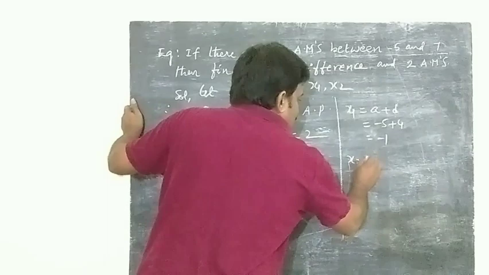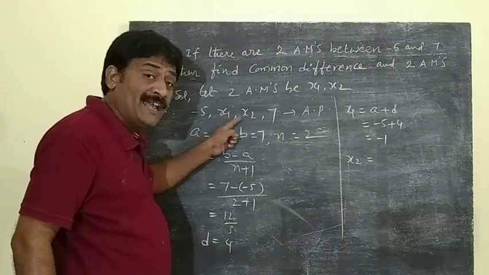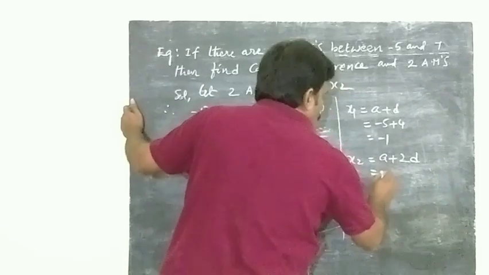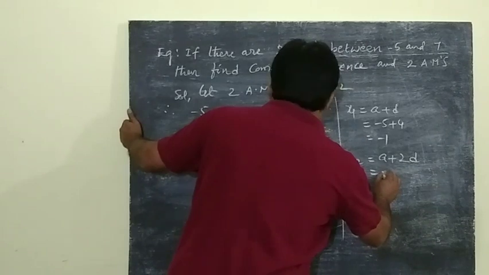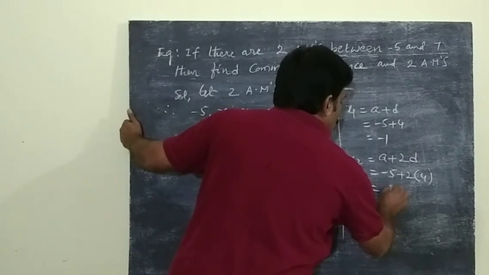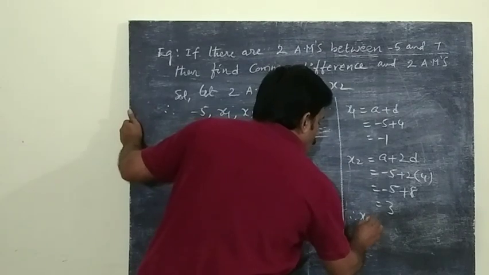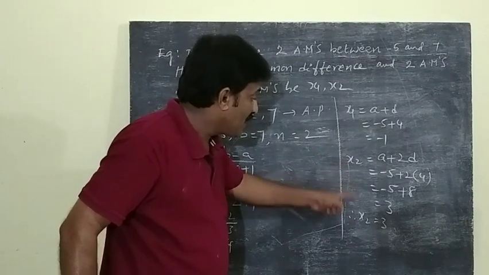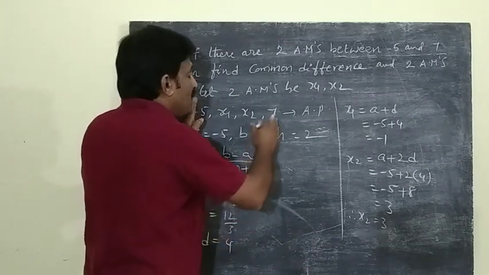Next, second AM, X2 is a plus 2d. Now write a is equal to minus 5 and d is equal to 4. That is equal to minus 5 plus 2 into 4, that is equal to minus 5 plus 8 is equal to 3. Therefore, X2 is equal to 3. Therefore, X1 is equal to minus 1, X2 is equal to 3. These are the AMs between minus 5 and 7.